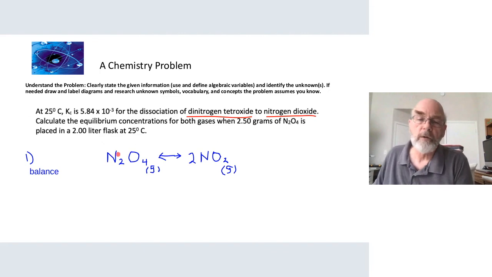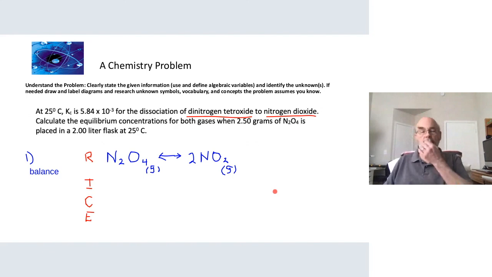So I'm going to do the RICE stuff, which is the reaction, the initial values, the change, as this reaction runs. And then at some point, the reaction to the right is going to be the same as the reaction to the left, and we end up with an equilibrium. So there's my game plan from things that I am given, okay?